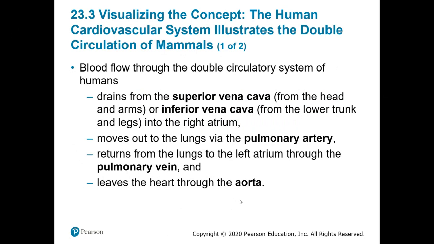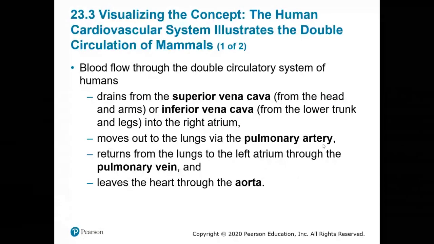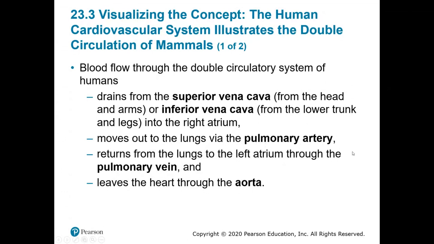Now, one important thing to remember with circulation is that we usually think of arteries as being vessels that carry oxygenated blood, and that veins are carrying deoxygenated blood. But with the pulmonary circuit, it's just the opposite. All right. So when we move out of the pulmonary artery, it's deoxygenated. It goes to the lung, receives oxygen, and then it comes back in through the pulmonary vein as oxygenated blood.